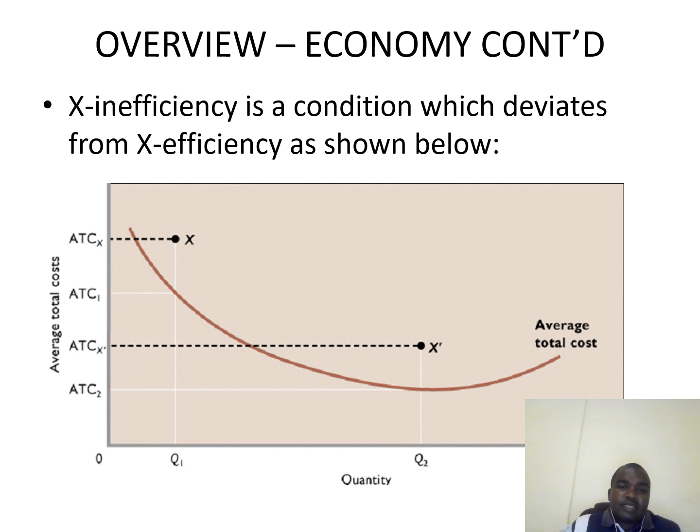It is maximizing costs instead of trying to minimize costs. In the same vein, to produce Q2 level of output, instead of this firm minimizing costs by incurring a TC2, the firm is actually incurring a TCX, which demonstrates that on this plane X prime, the firm is actually X inefficient.